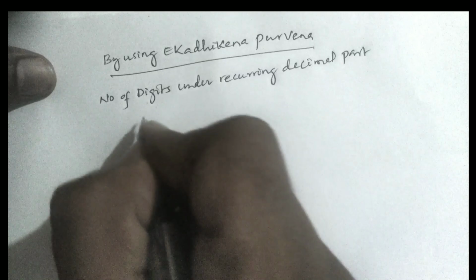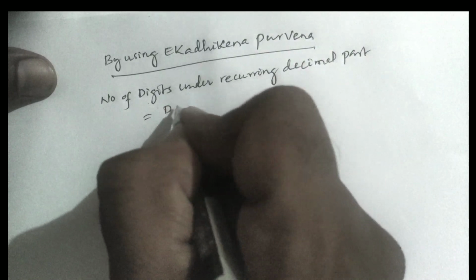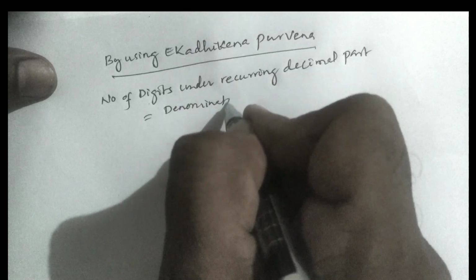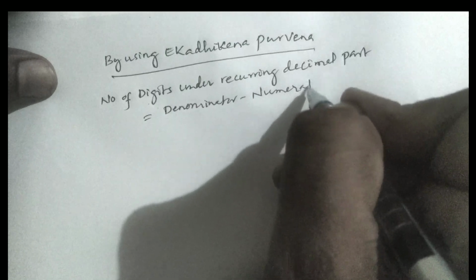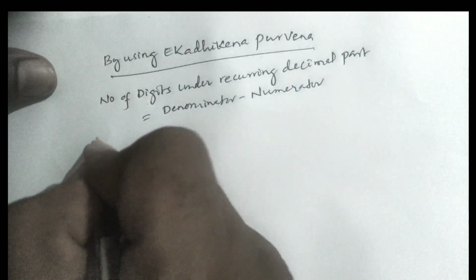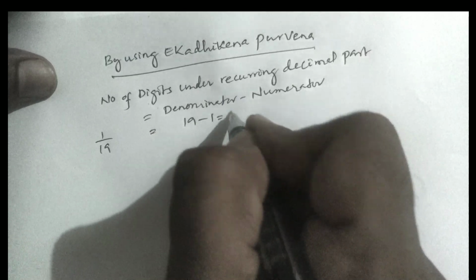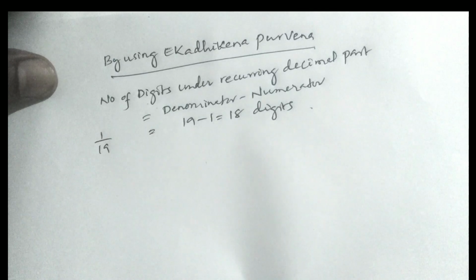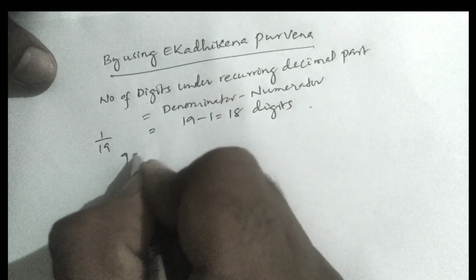In the normal method, we cannot say this before doing the process, but we can say it in the Vedic method: that is denominator minus numerator. See here, 1 by 19, the denominator is 19, the numerator is 1, 19 minus 1 is 18.